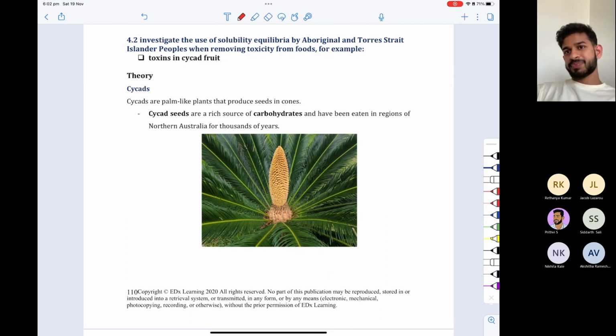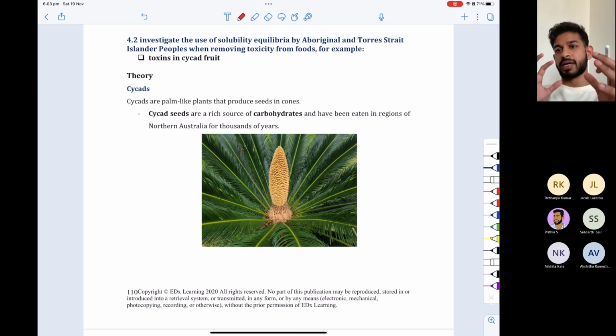This dot point here, you just have to remember the key points. They're bringing this up because it tests who knows their syllabus versus who just attends class and learns whatever the teacher shows them. Sometimes teachers will skip this content. It's about the cycad fruit.